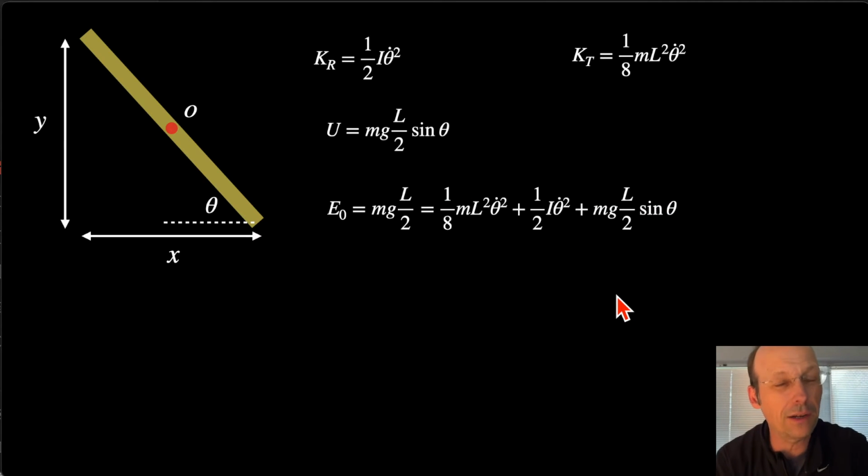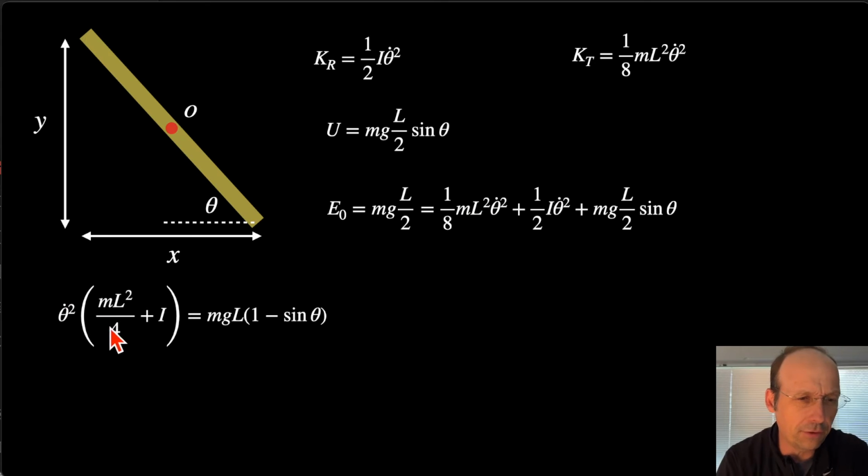I'm going to solve this for theta dot, for a number of reasons. It's not too hard. I can factor out the theta dot squared, and then I moved this term over here. If I subtract mg L/2 from both sides, and I multiplied everything by 2, so that's gone.